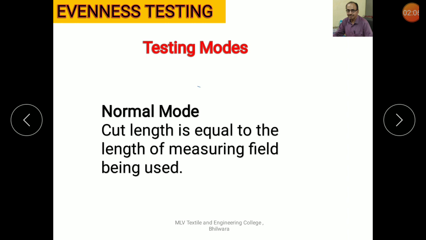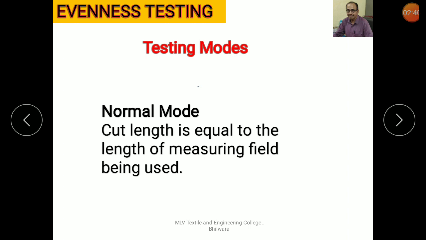We are measuring the mass of 8 mm length of the material. Now whatever speed you are running, whether you are working your instrument at 200 meters per minute, or at 400 meters per minute, or whatever is the speed, the cut length in normal mode is always equal to the length of the measuring field or length of the capacitors that is being used.